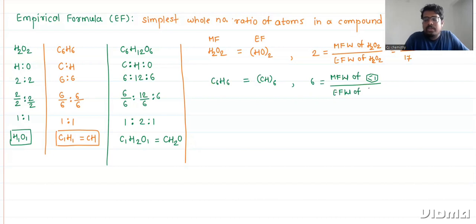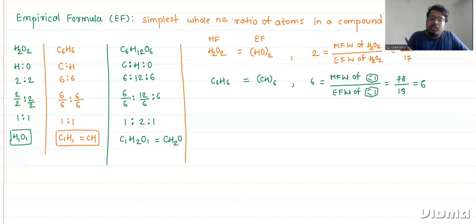The molecular formula weight of benzene is 78, and its empirical formula weight, that is CH, carbon 12 plus one hydrogen atom 1, is 13. So the ratio of molecular formula weight to empirical formula weight is equal to 6.